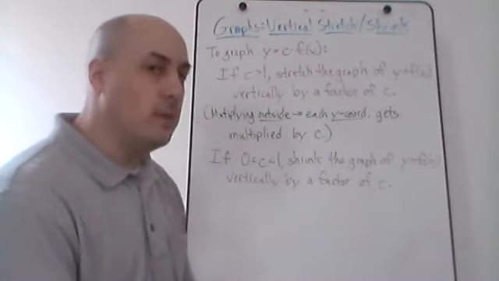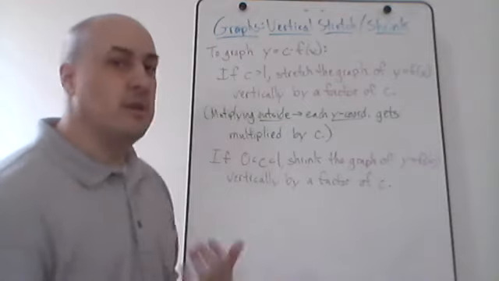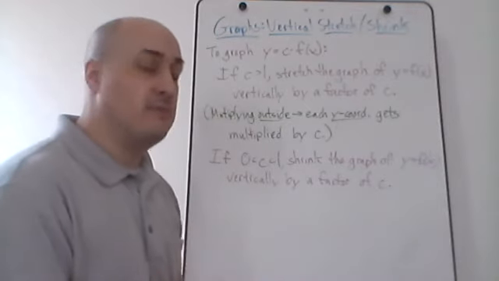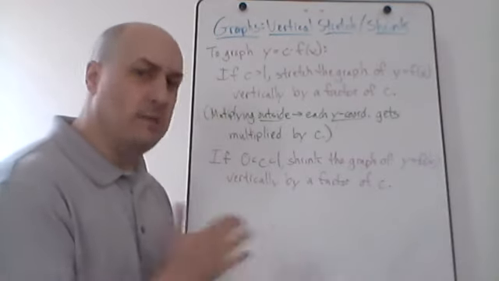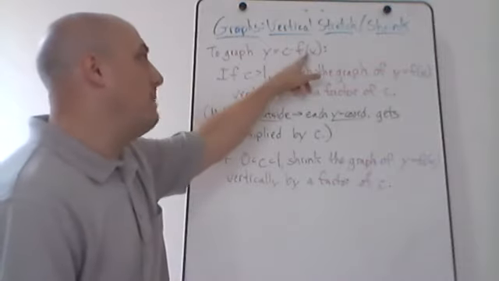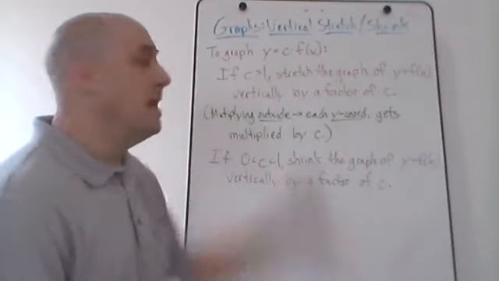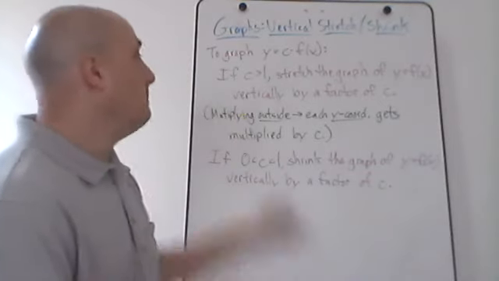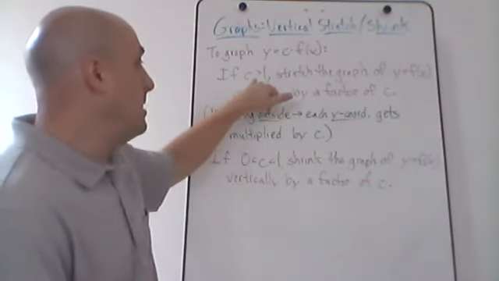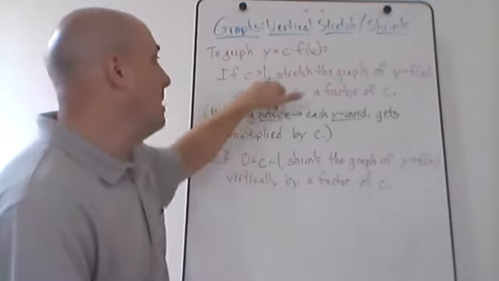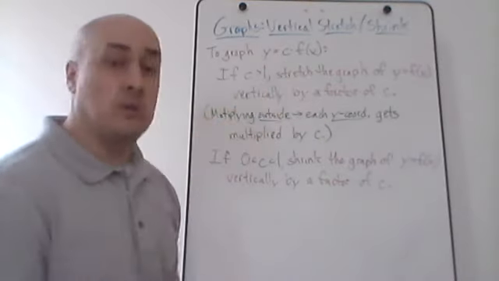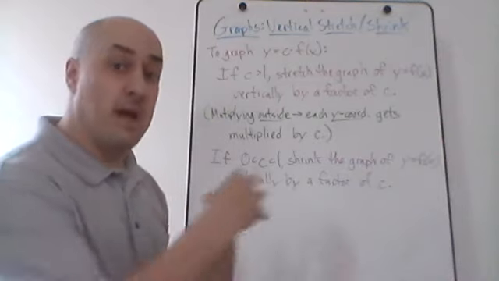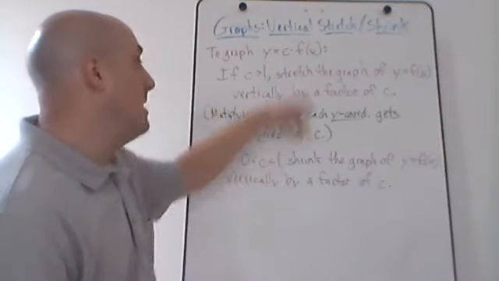Basically what that means, and it's a common theme in all these different rules for transformations, is that when something happens outside of the parent function, it's affecting the y coordinates of the graph. So when I'm multiplying by a number bigger than 1, I'm literally multiplying all of the y coordinates of my parent function's graph by that number c.